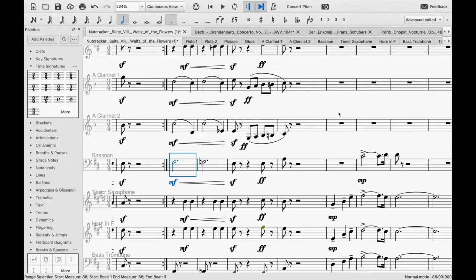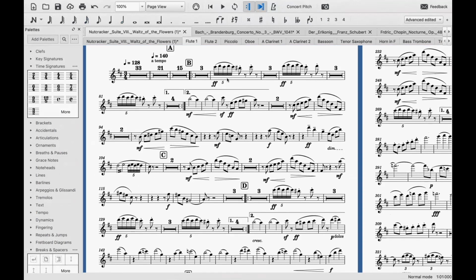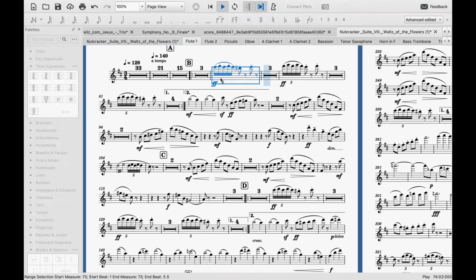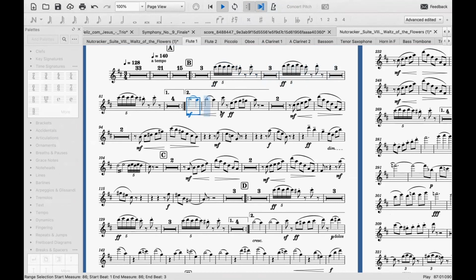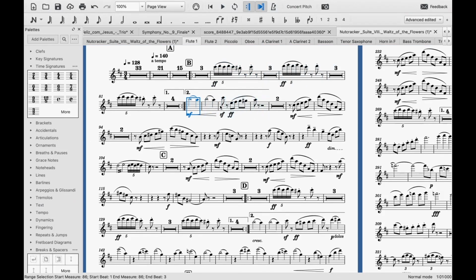For example, we have the flute here, and when I play only the flute, that's what I have. You see, there is silence, and silence is part of music as well. When you hear that, you cannot really understand the song by itself.